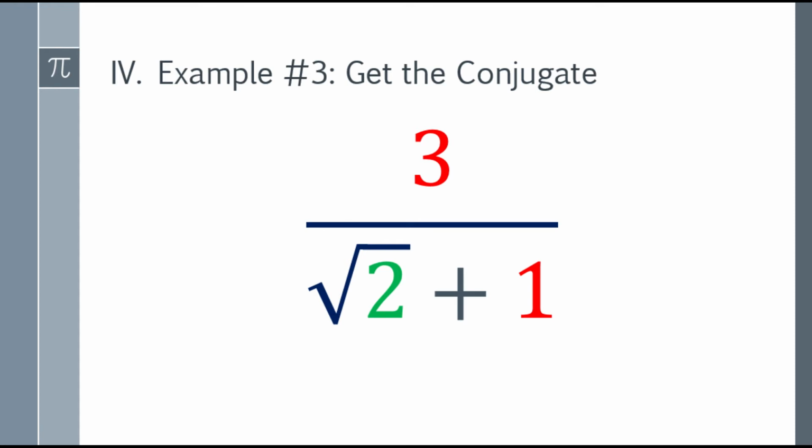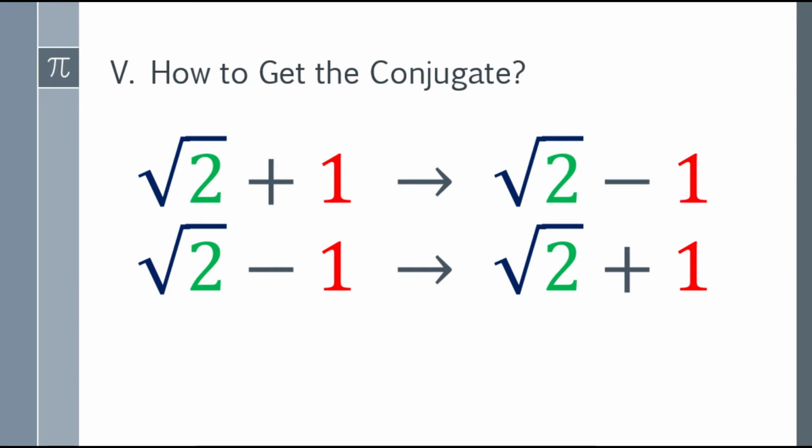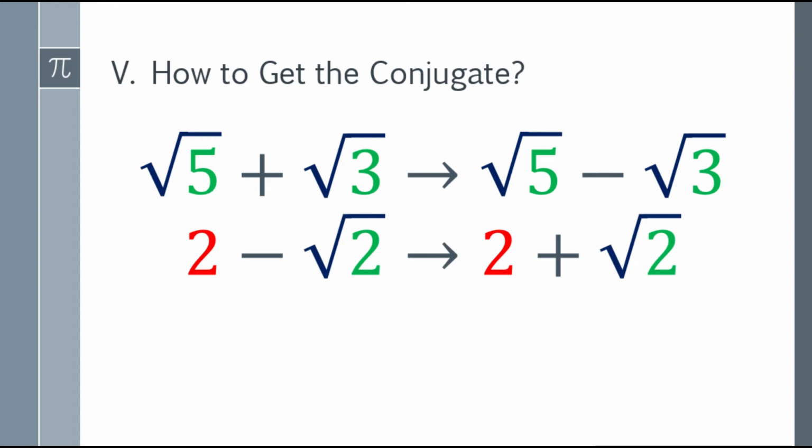So, for example, we have square root of 2 plus 1. Ang conjugate niyan, that will be square root of 2 minus 1. Kung square root of 2 minus 1 naman, that will be square root of 2 plus 1. Or, square root of 5 plus square root of 3. Ang conjugate, that will be square root of 5 minus square root of 3. Or 2 minus square root of 2. The conjugate will be 2 plus square root of 2.